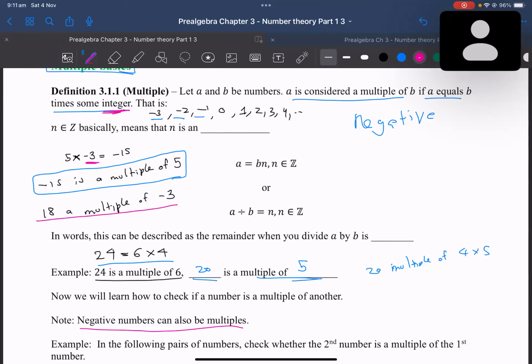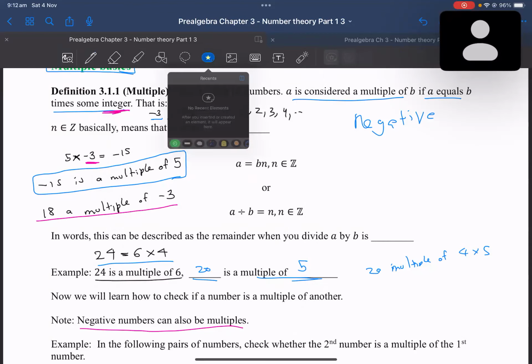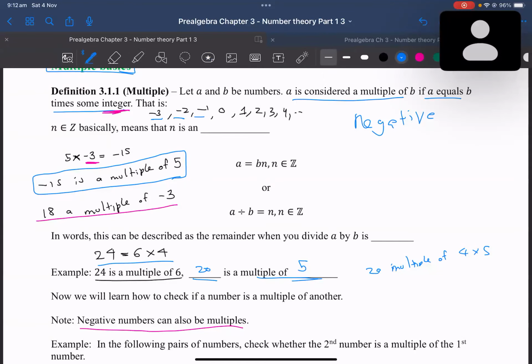Because if you take the negative sign away from 3, 18 is a multiple of 3. Very good. You got to the key point there, which is you can take the negative sign away. If you take the negative signs away and they're still multiples, that means numbers with negative signs are also multiples. Does that make sense? The negative sign doesn't matter, is what it's saying. So very good. Both of you got that.